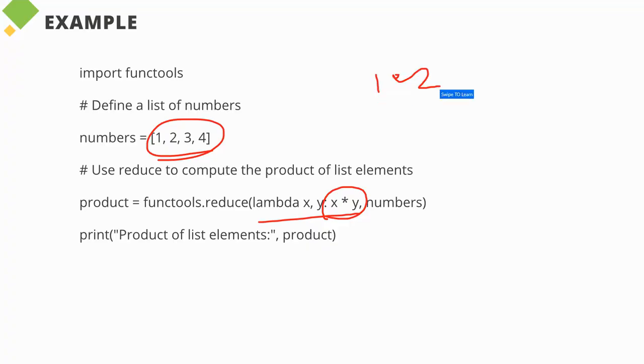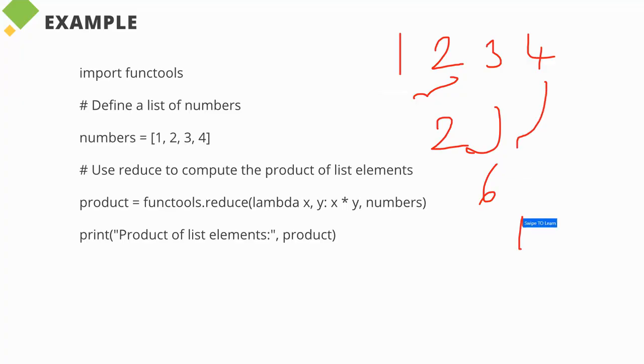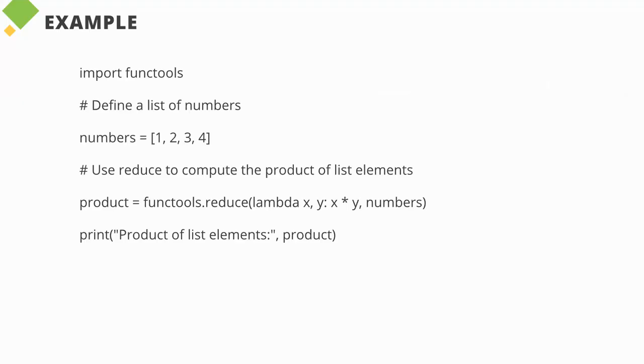Let me write in detail: 1, 2, 3, 4. 1 into 2 is 2, 2 into 3 is 6, 6 into 4 is 24. So this is the product of the list elements. The answer would be 24.